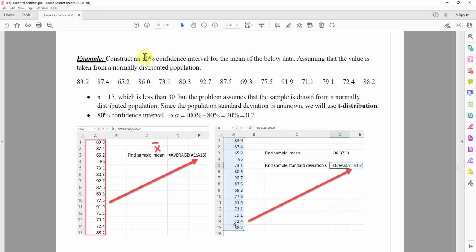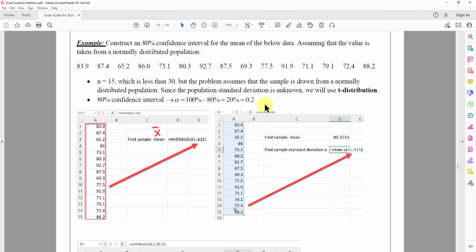And then we are given the fact that we need to construct an 80% confidence interval. 80% confidence interval means your alpha is 20% or 0.2, right? And if that is the case, then your alpha half is 0.1. Now, the first step is to enter all the values in one column.